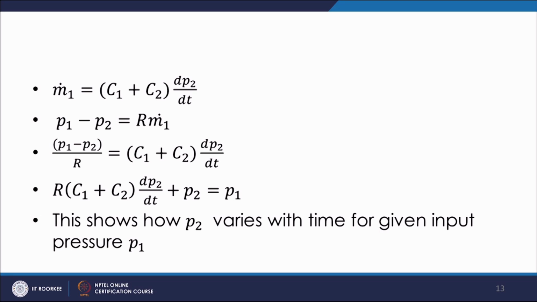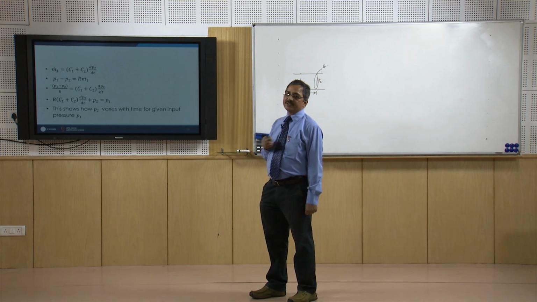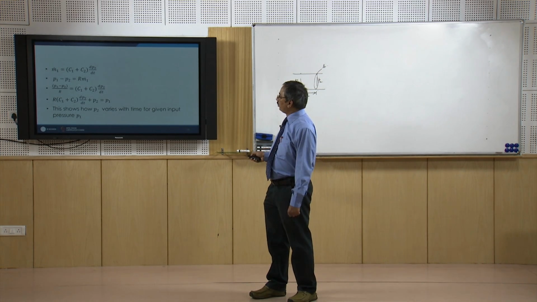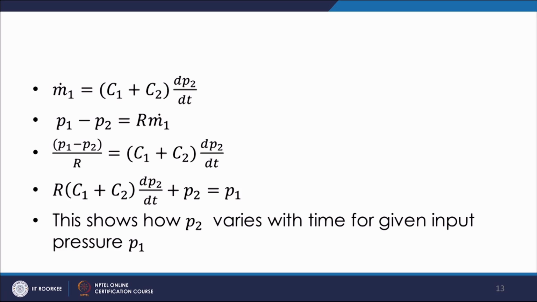So, in this equation you see the input pressure is P1 and my output pressure is P2, and these are related by, as I said, this first order differential equation, and of course we have the terms which tell us the pneumatic resistance as well as the pneumatic capacitance.